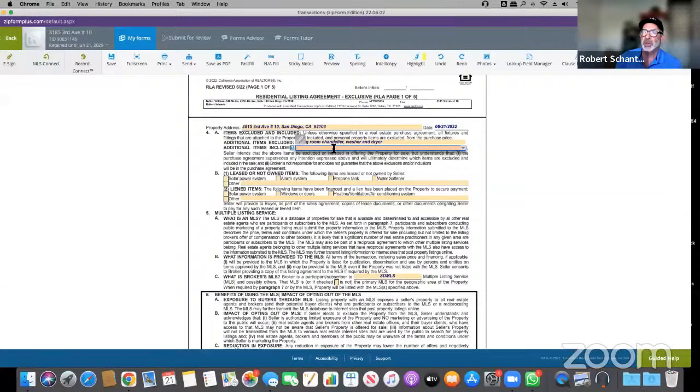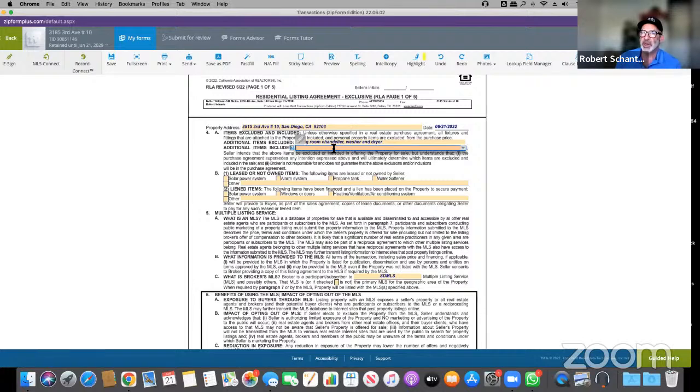But this is where you could really save a lot of time, energy, effort and headache: have those conversations, recognize the nuances of the property and know, I need to get clarity on this. Are you expecting to take this water fountain or not? Are you expecting to take the above ground spa or not? Because if so, then that's how we're going to market and advertise the property.